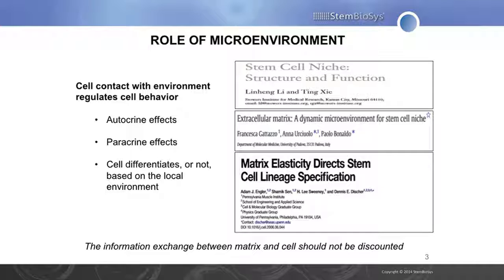So essentially, we're ripping these cells out of their normal environment in the body and putting them into cell culture. In most cases, we put them onto a foreign substance, which is polystyrene or plastic. Sometimes we use some proteins, and I'll mention that as well. But expecting these cells to behave normally once we've done that, I think is a bit naive, and that's also what this technology addresses.